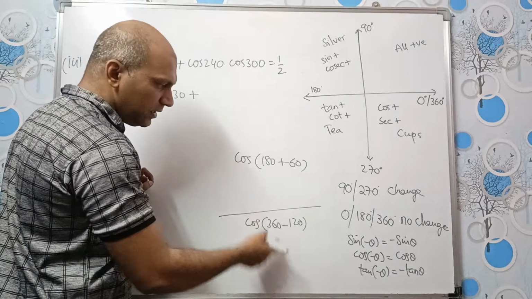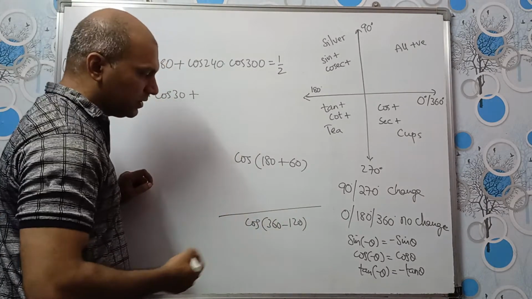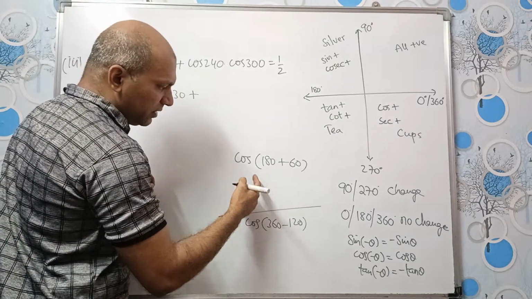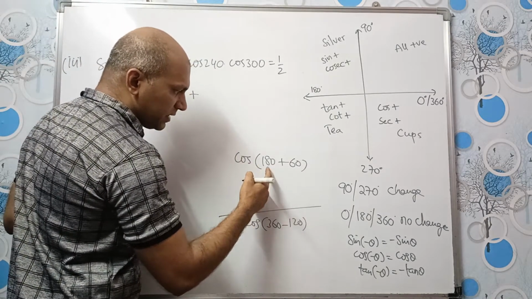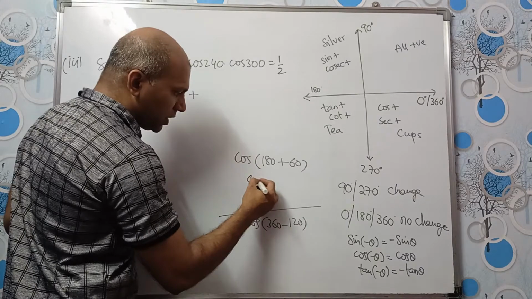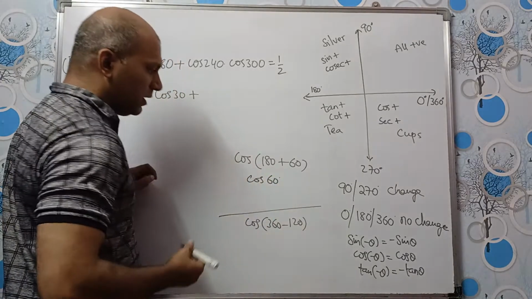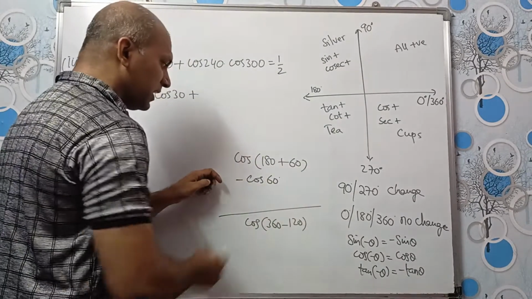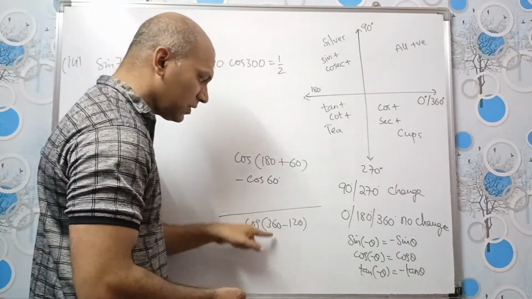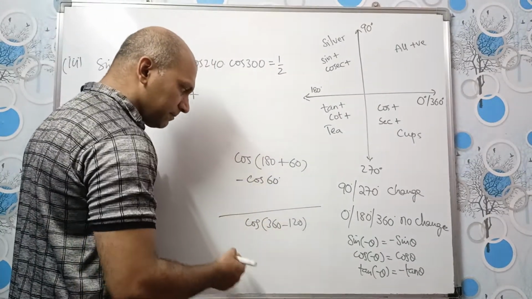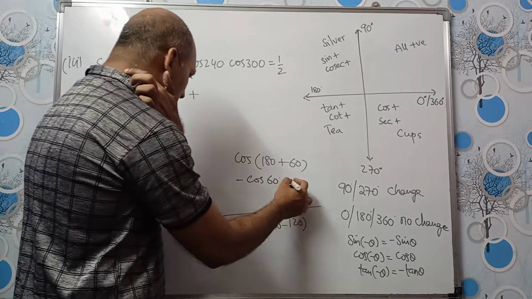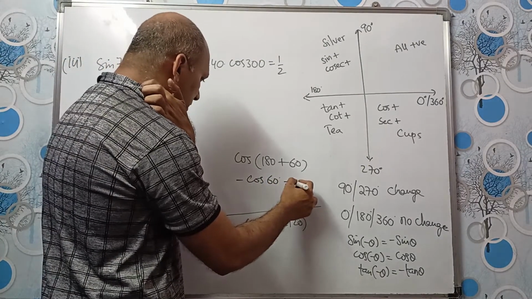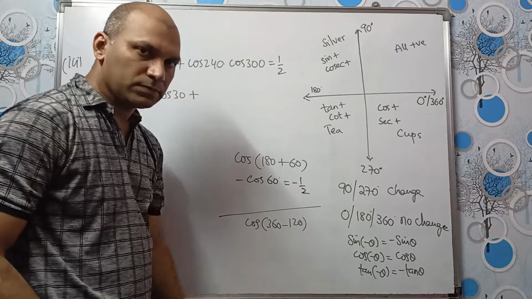Let us check. Both values should give us the same result, right? So cos 180 plus 60. At 180 there is no change, so cos will remain cos, so this is cos 60. 180 plus theta will lie in the third quadrant, so this will be negative. We need minus cos 60 using this also, right? So what is minus cos 60? It is minus 1 by 2.